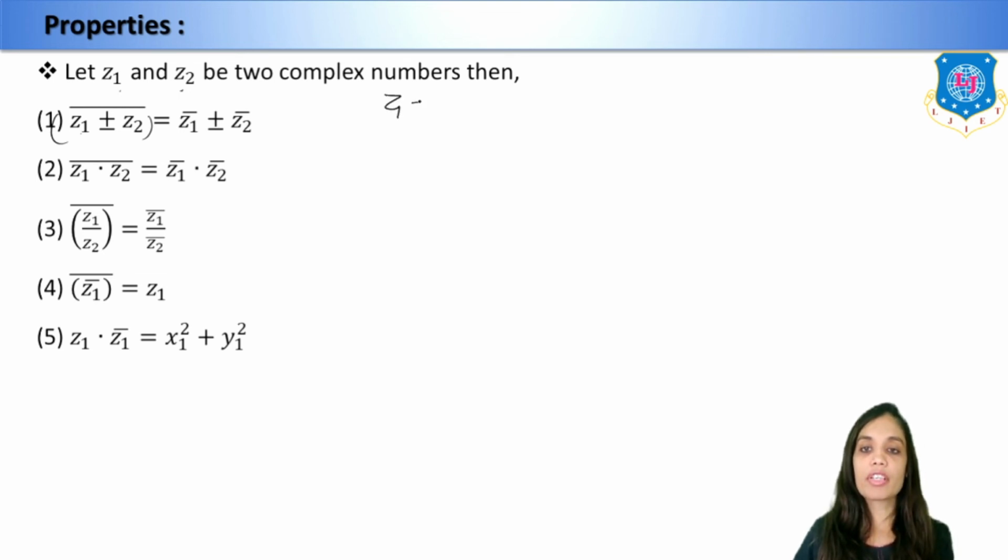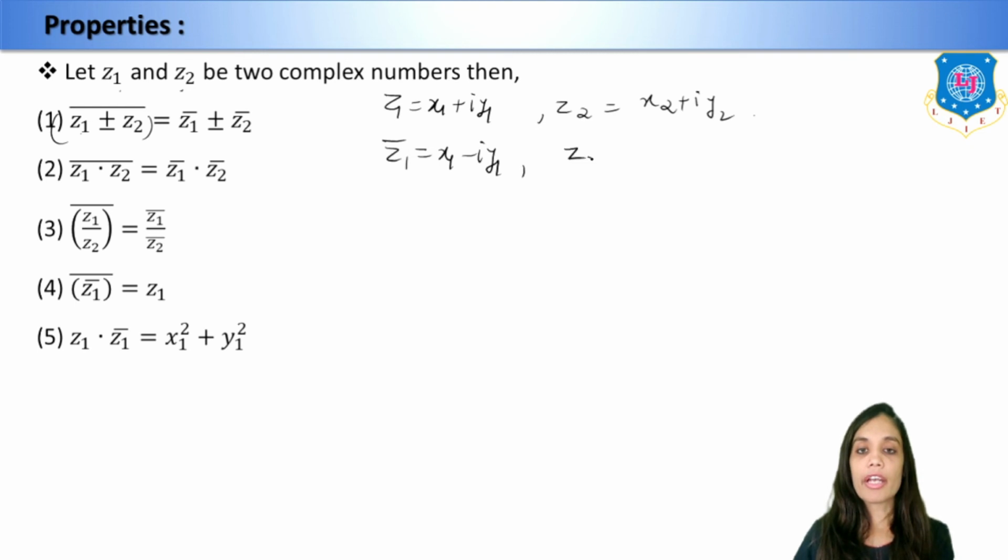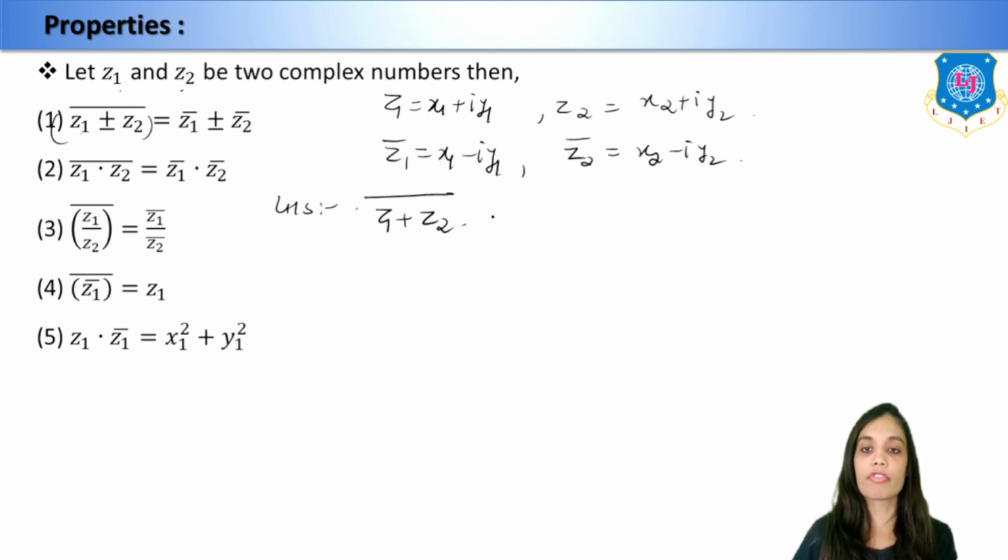If z1 is x1 plus iy1 and z2 is x2 plus iy2, its conjugate will be x1 minus iy1 and z2 bar will be x2 minus iy2. First, let us begin with the LHS. I will only find the conjugate of z1 plus z2. You can similarly find the conjugate of z1 minus z2; you can write it yourself.